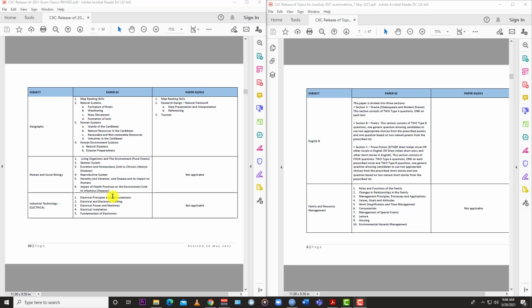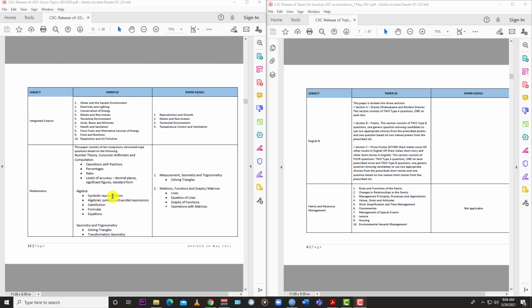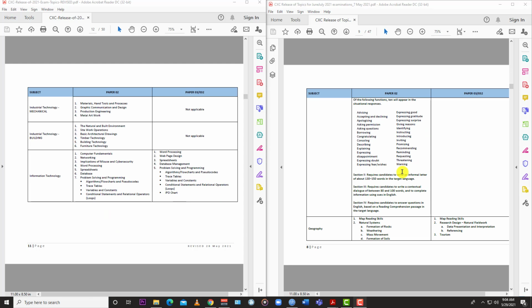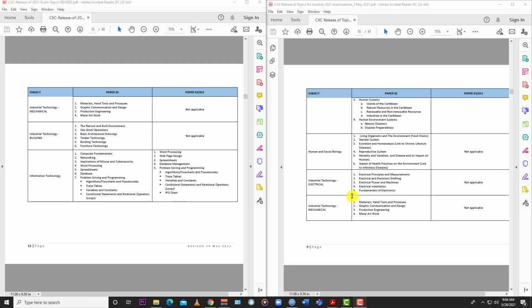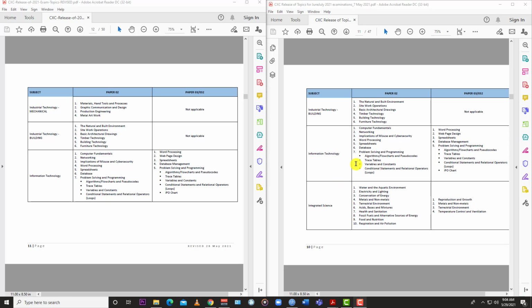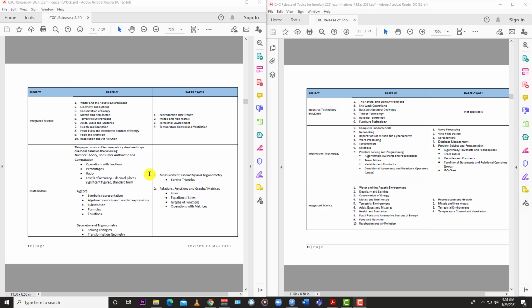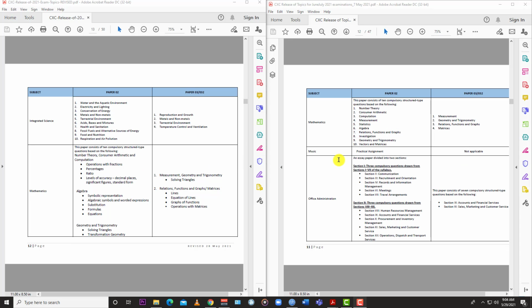So let's look at other things that we are concerned about on this channel. Let's look at Infotech for a second here. Same. Very same. So nothing has changed much. Maths. What I'm talking about, where they really broke it out, is in math. In the original, they had a list: number theory, consumer arithmetic, investigation, geometry, trigonometry.